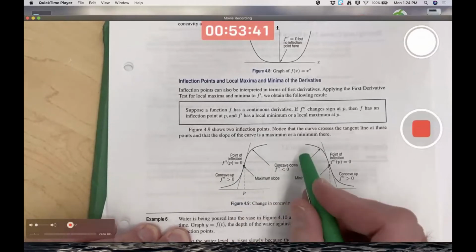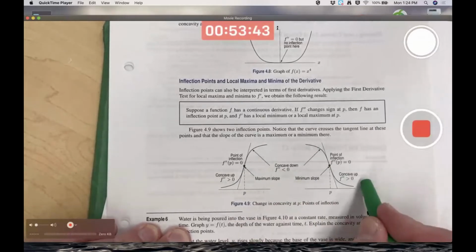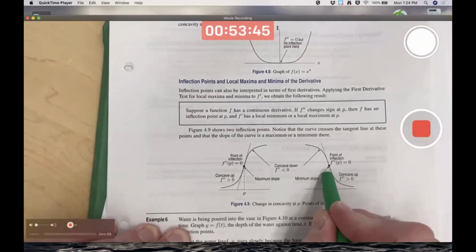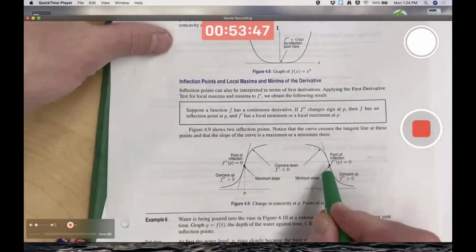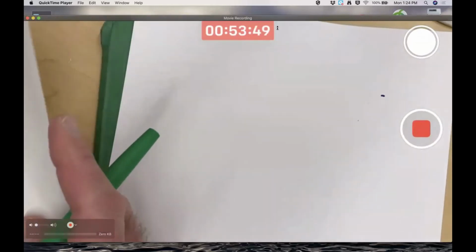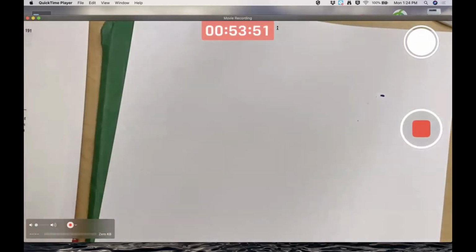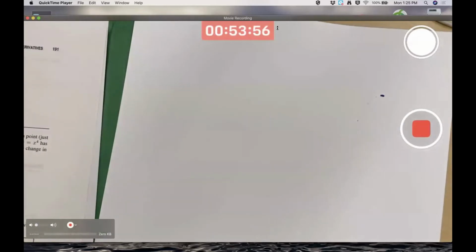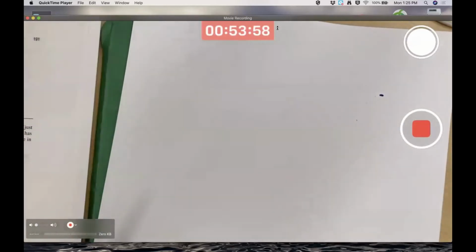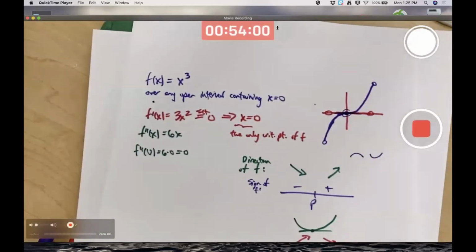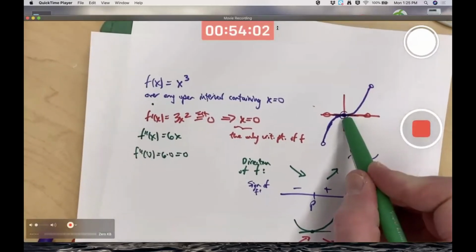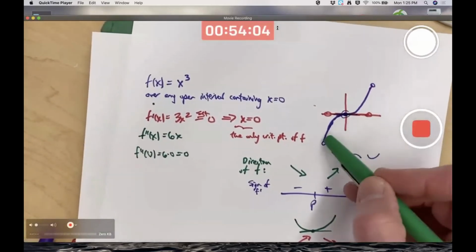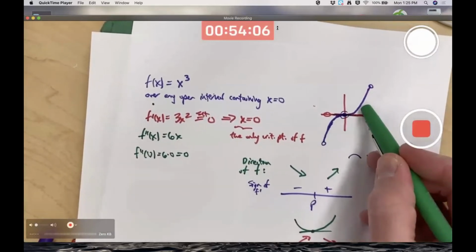There's another kind that changes sign from negative to positive. Again, it's not a local max or local min. The graph of x cubed has an inflection point at the origin. f double prime is changing from negative to positive as x increases through 0.